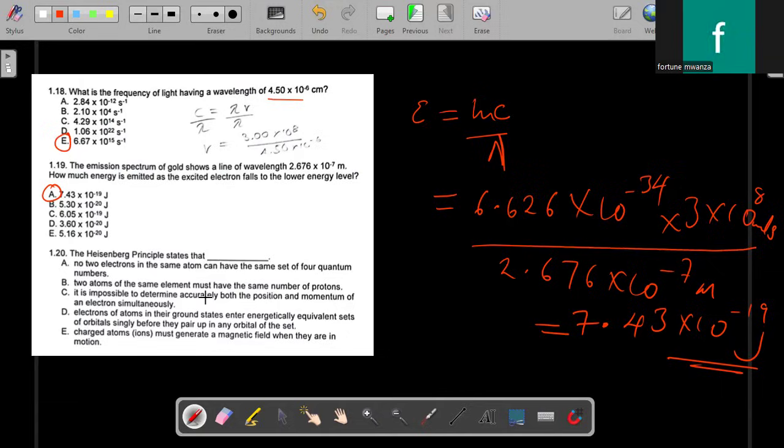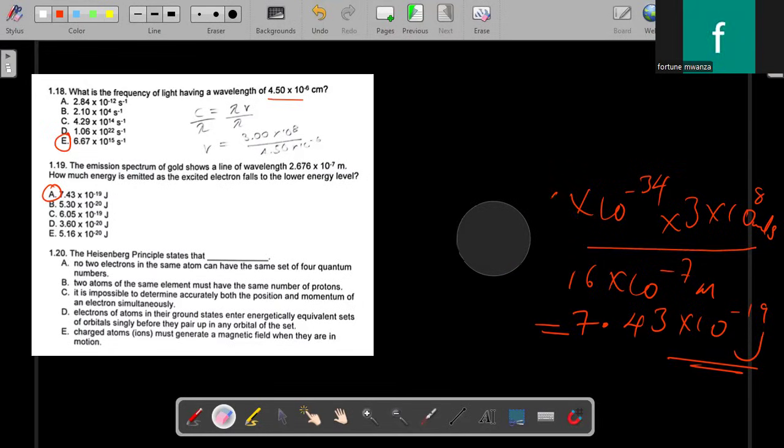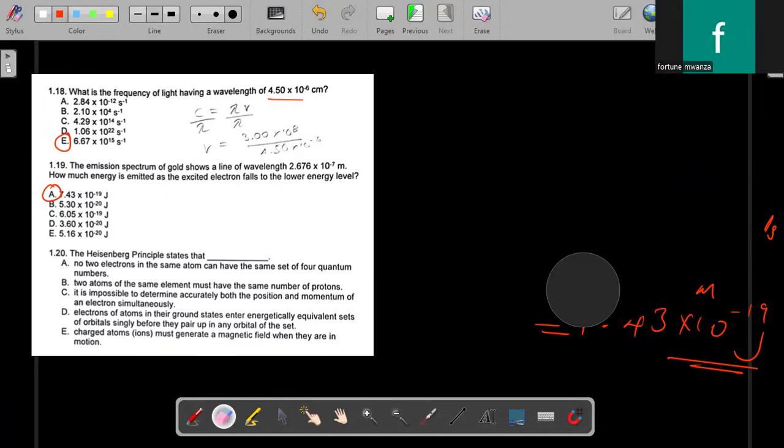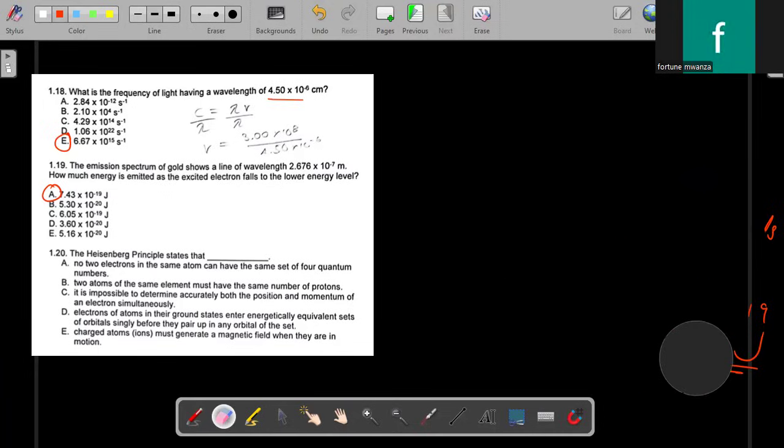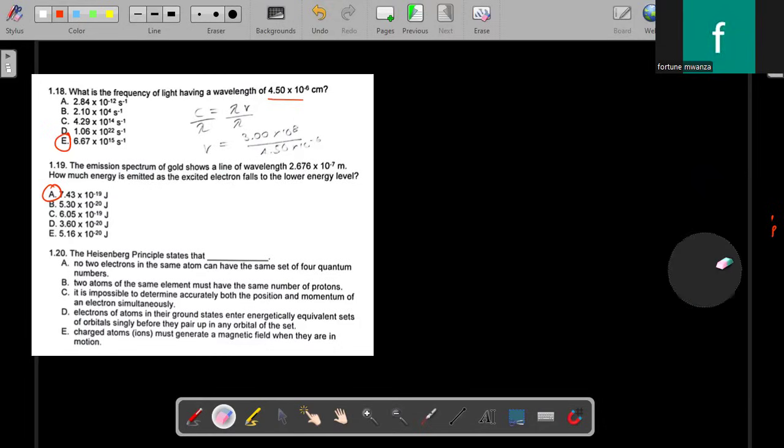So let's do the last question and call it a day. The last question is saying the Heisenberg principle states that, A, no electron in the same atom can have the same set of 4 quantum numbers. That one is what we call the Pauli exclusion principle.